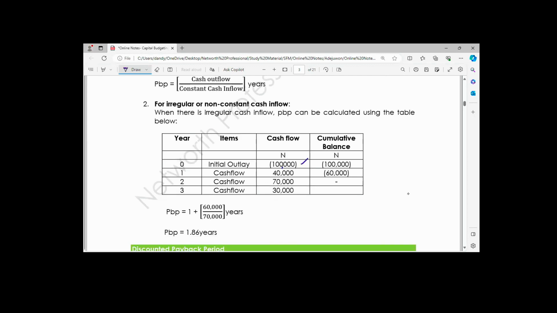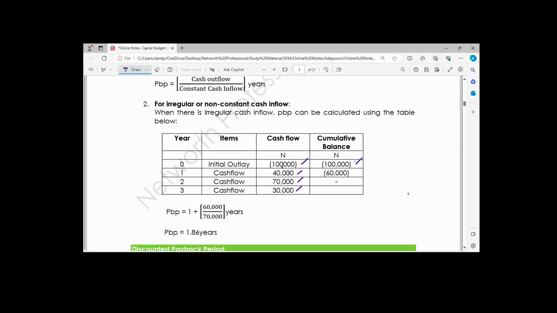This project will generate cash inflow of 40,000 in year 1, 70,000 in year 2, then 30,000 in year 3. Starting from year 0, I have a balance of 100,000 naira.